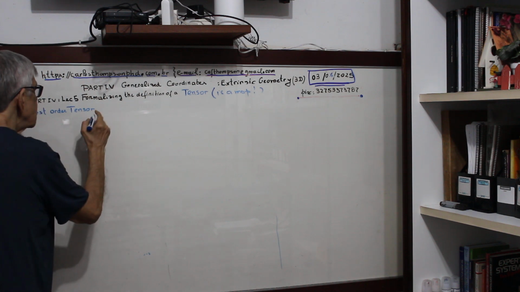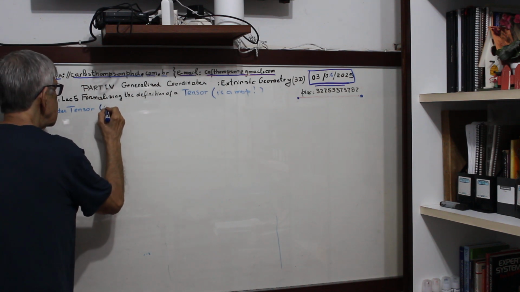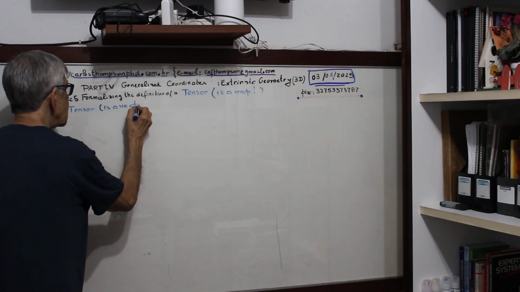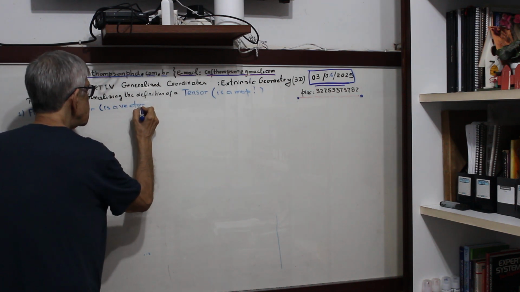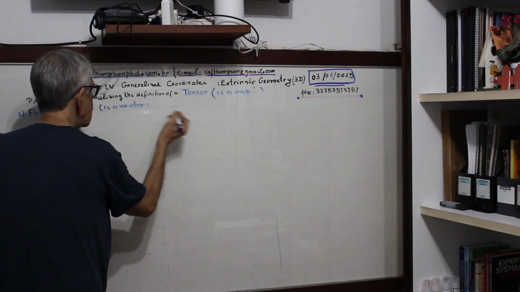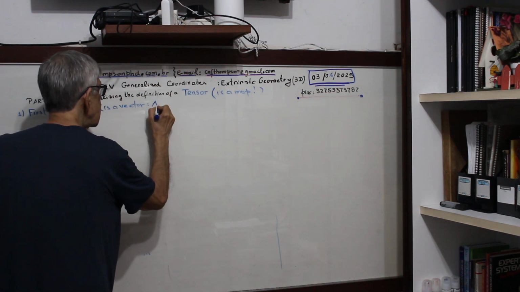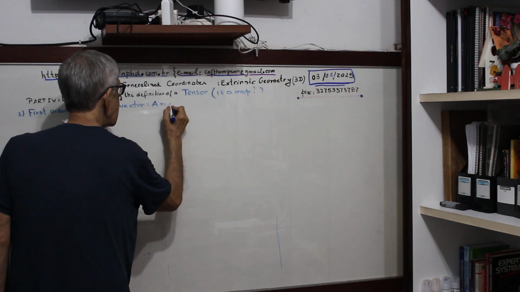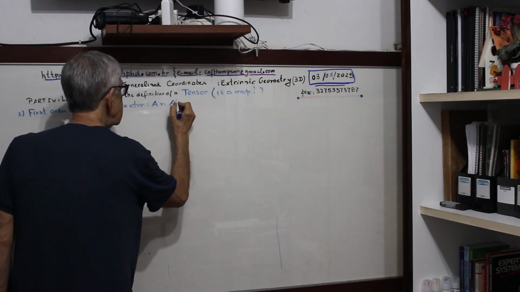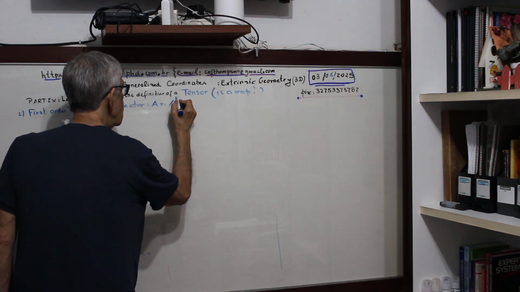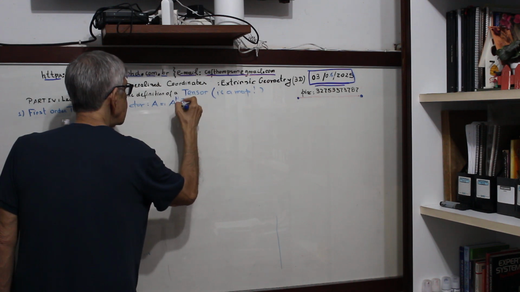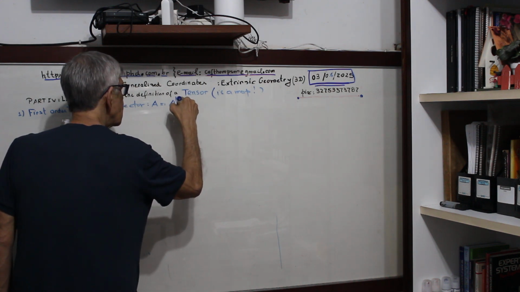Now, first order tensor. A first order tensor is a vector, which you write, for instance, A is a vector. I define this vector as A mu. There is no error here.